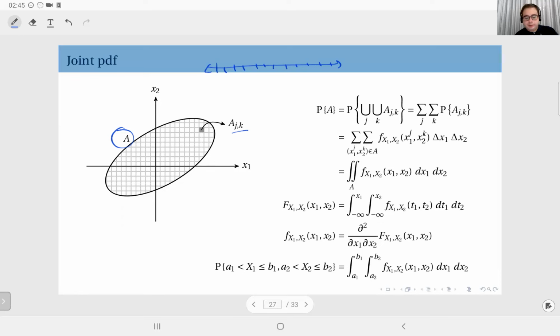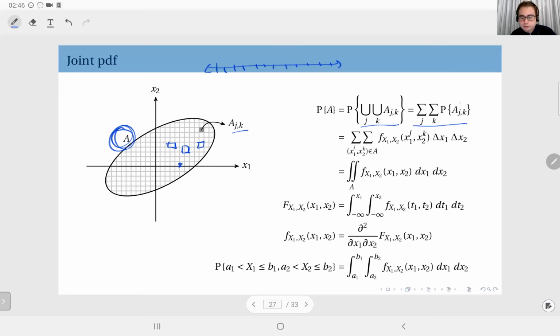But then we will take the limit and these squares will diminish to points, and at the limit, we will have a continuous distribution. So the probability of event A can be written as the probability of the union of all of these small squares. However you enumerate them, if you add them all up, you get the probability of A because these are all disjoint. So this is the summation across both dimensions of the probability of each of these small squares.